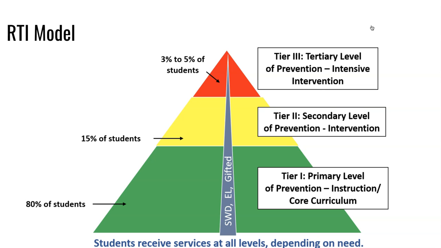If that's not working, we're going to move to tier 2, which is a secondary level of prevention, intervention. So then these kids are going to be pulled out of class for at least a short period of time each week to receive intervention, again outside the classroom, but the teacher is also going to keep going with interventions in the classroom for these kids.